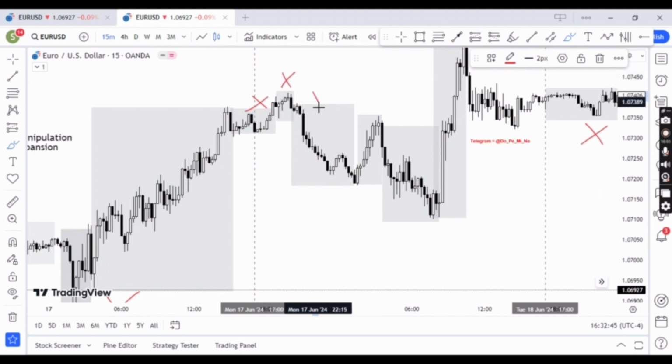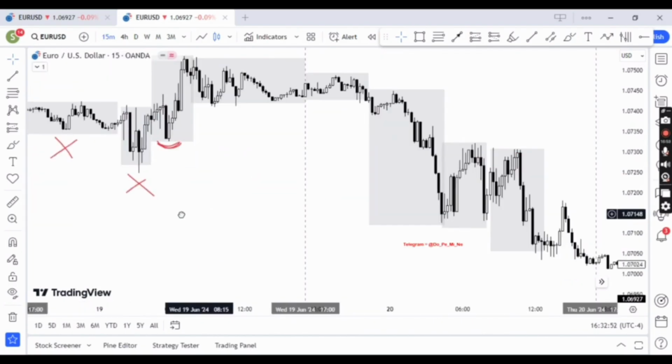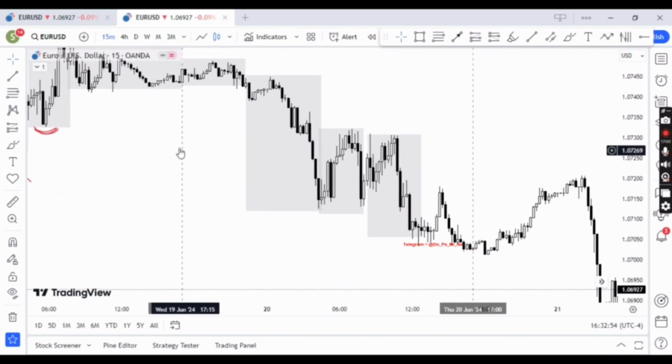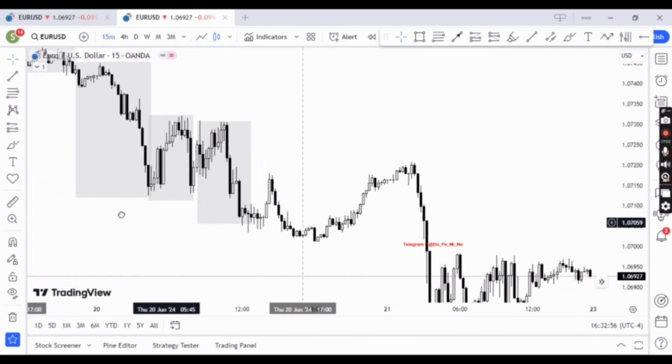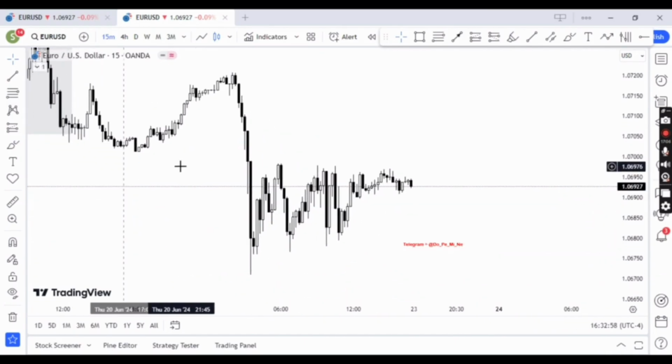Only traded the expansion profile and reversal profile from here, right? This is how you use market profiles with opening times to expect certain expansions or to avoid certain market conditions or certain market profiles based on others and based on past market profiles, right?